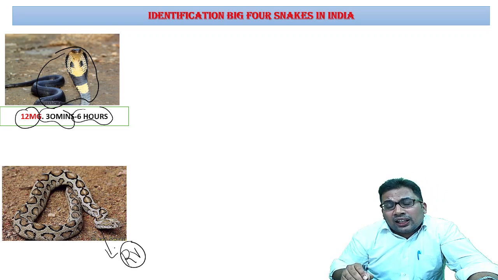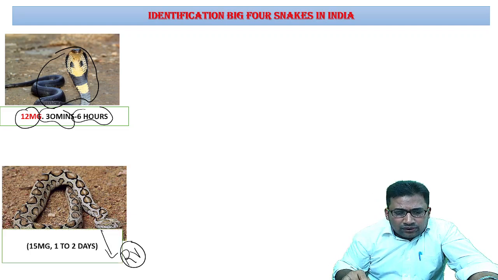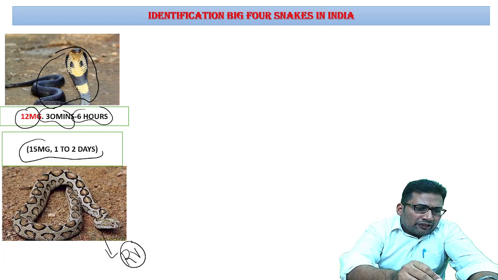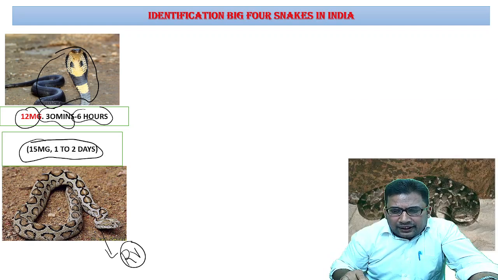You can see the triangular head, 3 brown spots over the dorsum of the snake, constricted neck, broad body, pointed tail, 15 mg, 1 to 2 days. It presents with bleeding manifestations. Russell's viper, scientific name Daboia russelii.